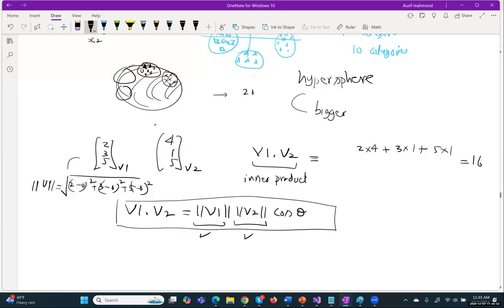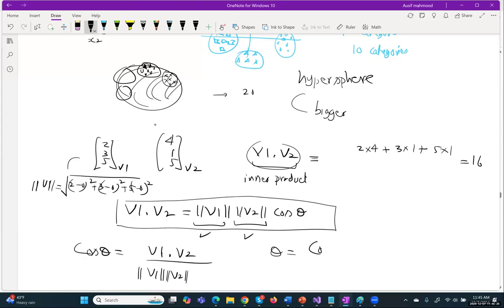Yes. Can we do the inner product? Easy. So what is cosine theta? Cosine theta is V1 dot V2 divided by the magnitude of V1 times the magnitude of V2. You guys agree?